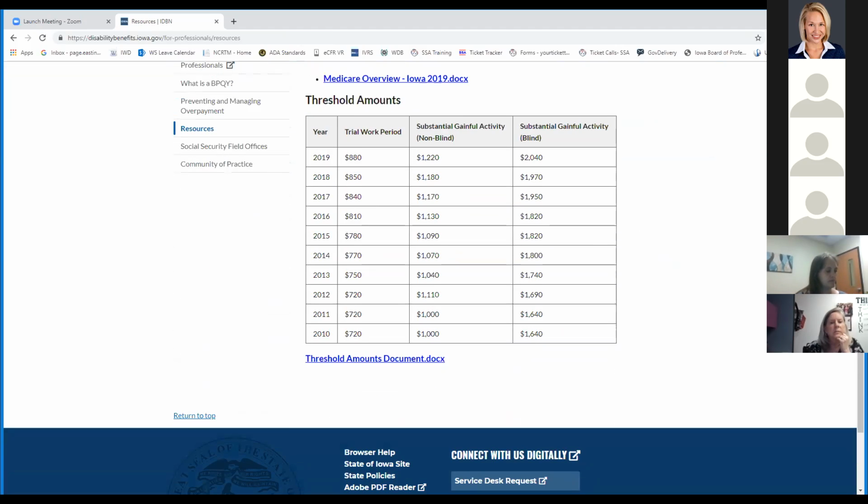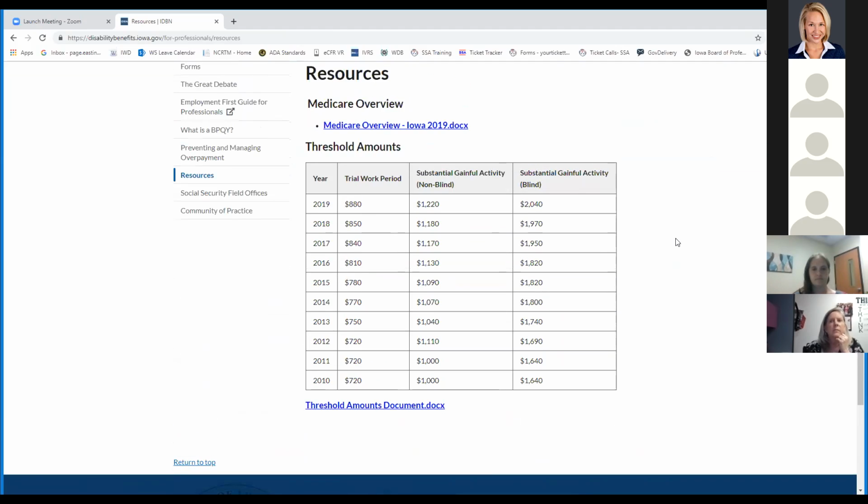There's some resources here, which we've created a table for, just to help folks look at the different threshold amounts. When you're looking at previous years that they were employed, we went back to 2010. These numbers are available going all the way back to the 90s, but for more simplified purposes, we wanted to put them all in the same spot so you can find them.